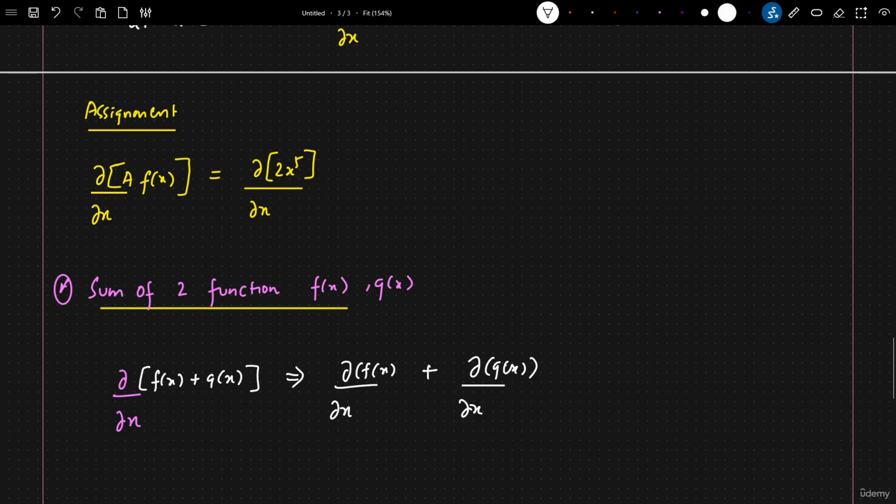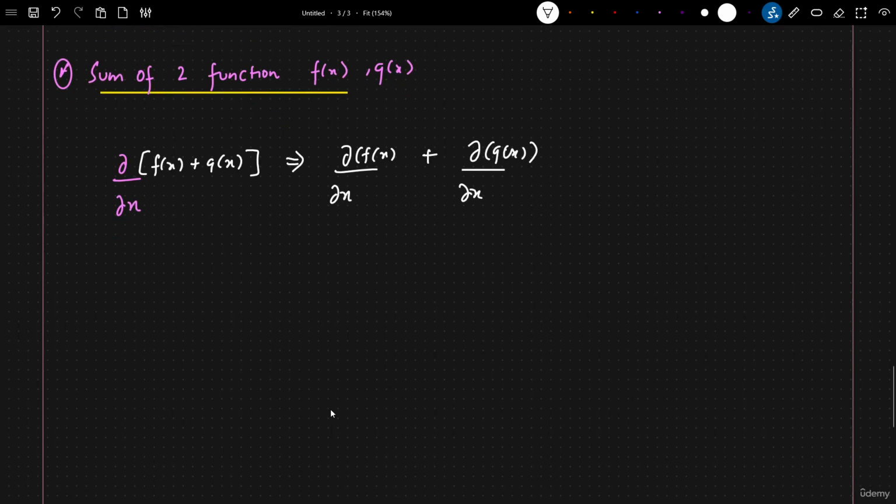Then you'll be able to see that, let's consider that I have x to the power of 4 minus x to the power of 2. Now, if I want to find out the derivative, first I find the derivative of x to the power of 4 plus the derivative of x to the power of minus 2.